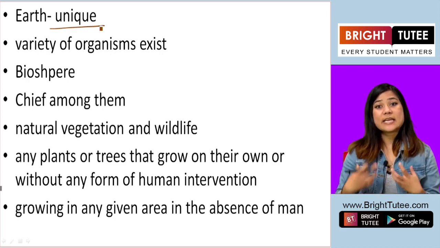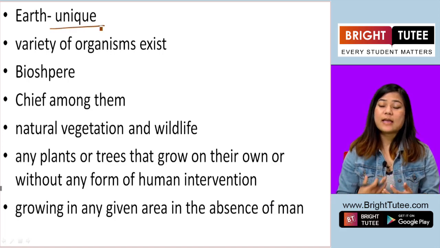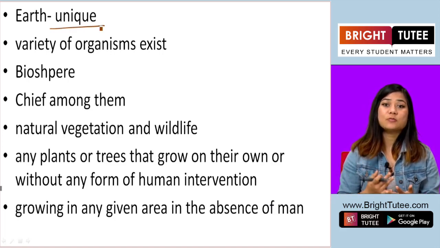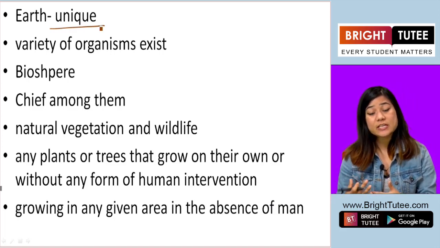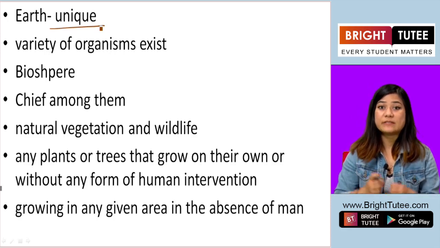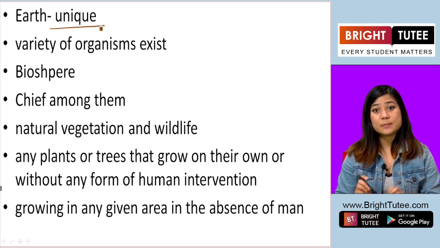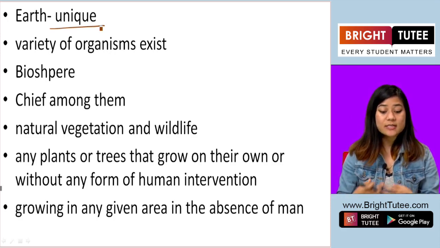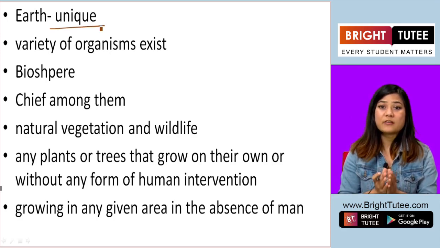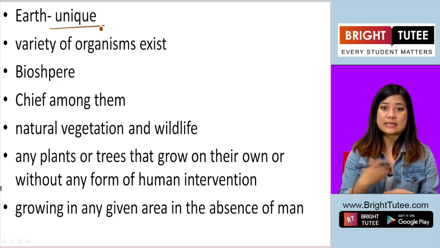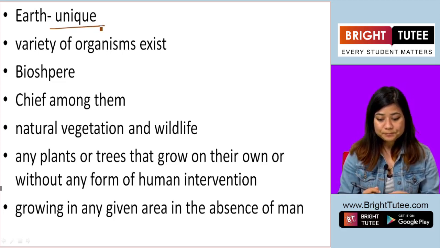It sustains life. Earth has ocean, Earth has water, Earth has green vegetation, people living in it, all different kinds of plants, animals, birds surviving in it, right? So Earth makes a very unique planet in the entire universe.